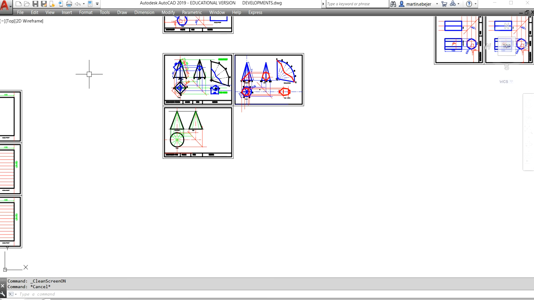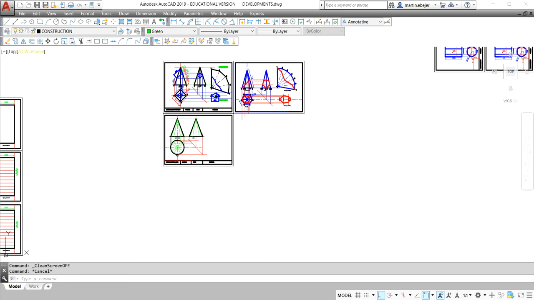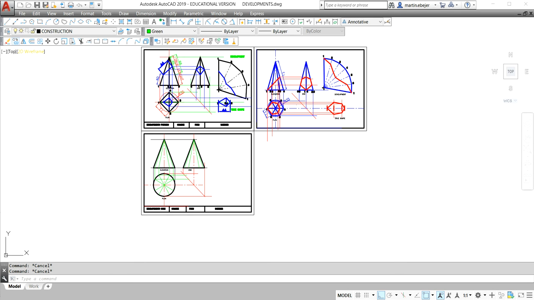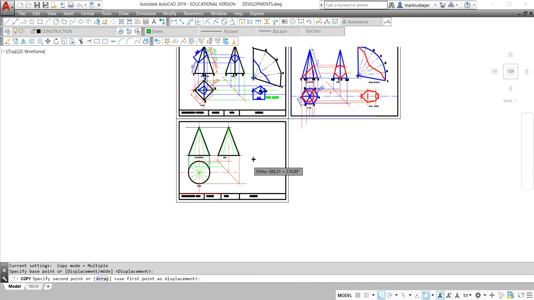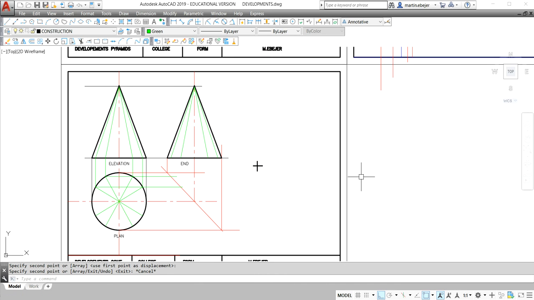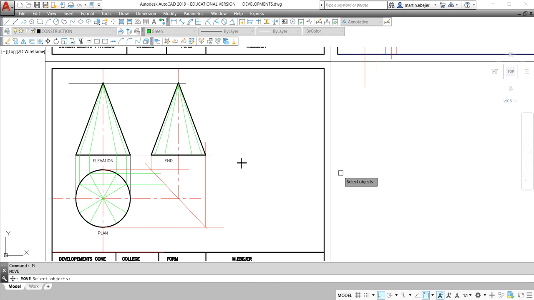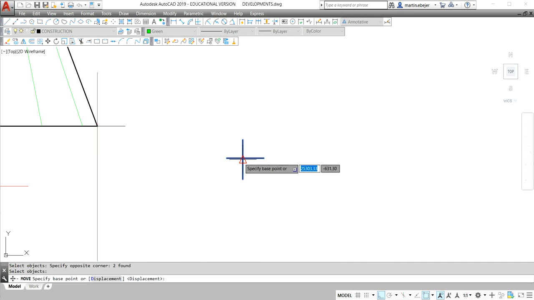To do the development, as we always did with the pyramids, you're gonna pick a point, which is the starting point, which is gonna be somewhere over there. Okay.